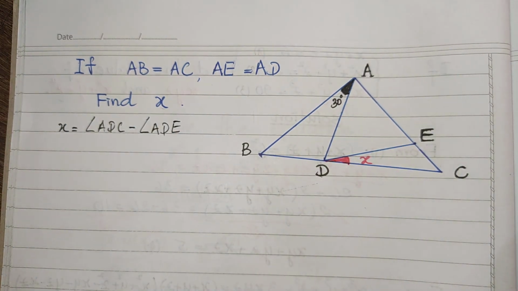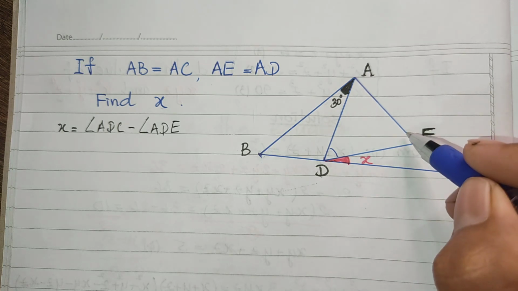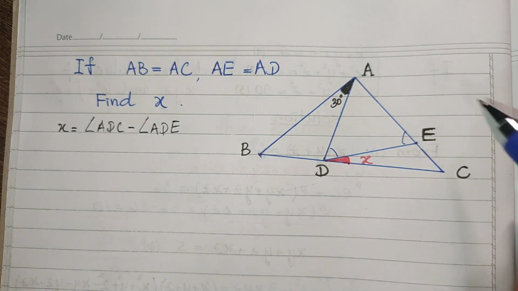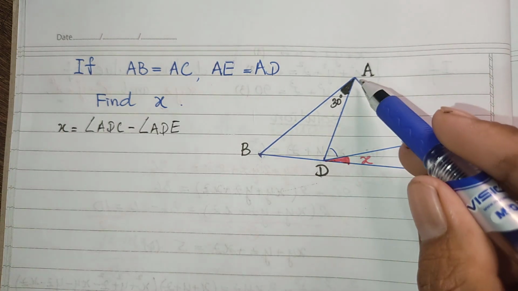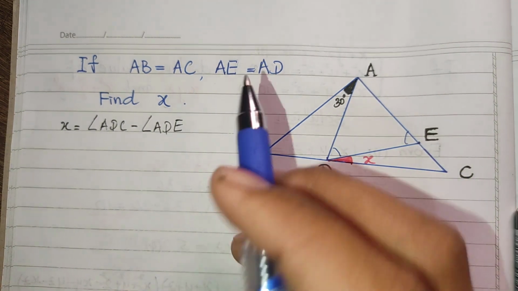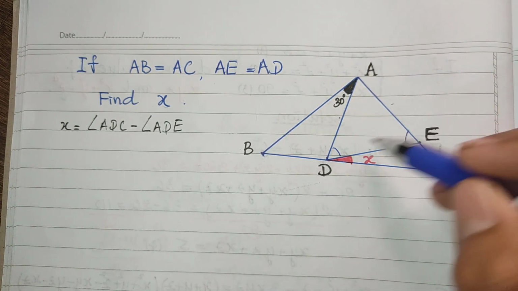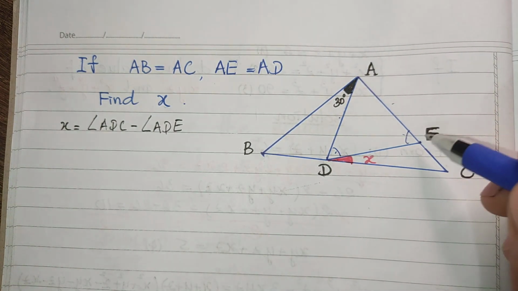But we know that the angle ADE is equal to angle AED because it's an isosceles triangle. So now we have this equality.